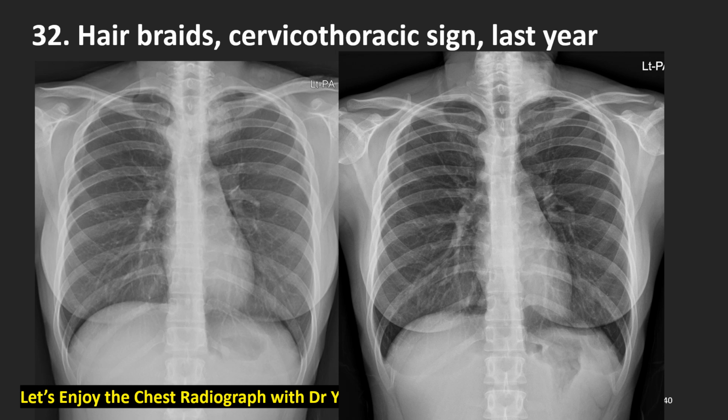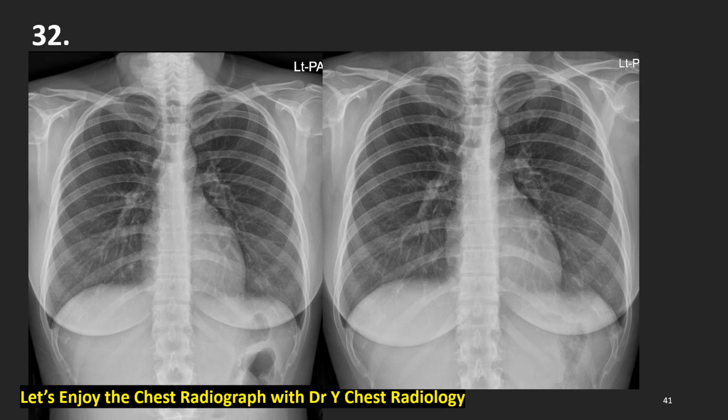Her last year's other film shows the hair braids going up higher than in today's image. She has her hair and hair braids. That's the cervicothoracic sign. This is another young woman's chest radiograph showing the cervicothoracic sign of hair braids.